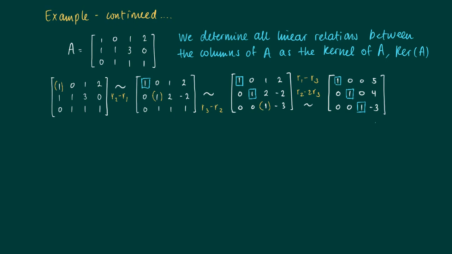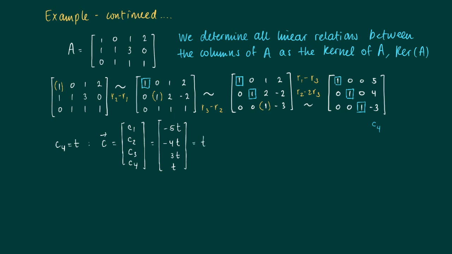So c4, we can pick c4 arbitrary. So now let's write c4 equal to t for some constant t. So we actually make a choice for c4. Then we may express c, giving rise to all linear relations such that A times c equals the 0 vector, as minus 5t, minus 4t, plus 3t and t.